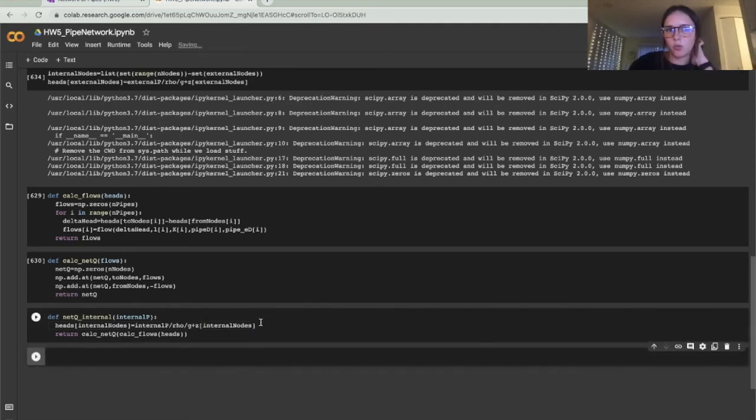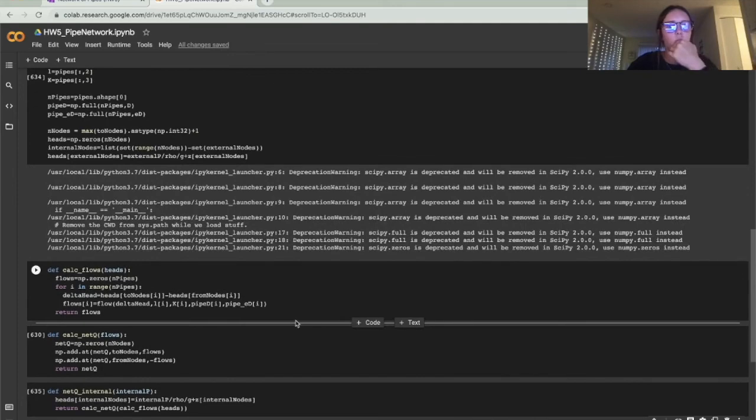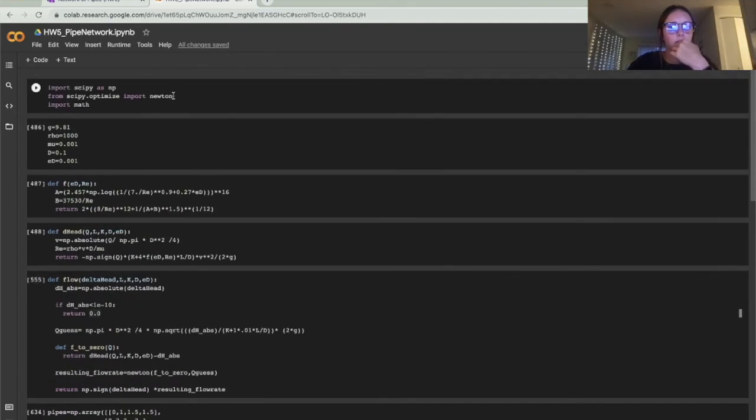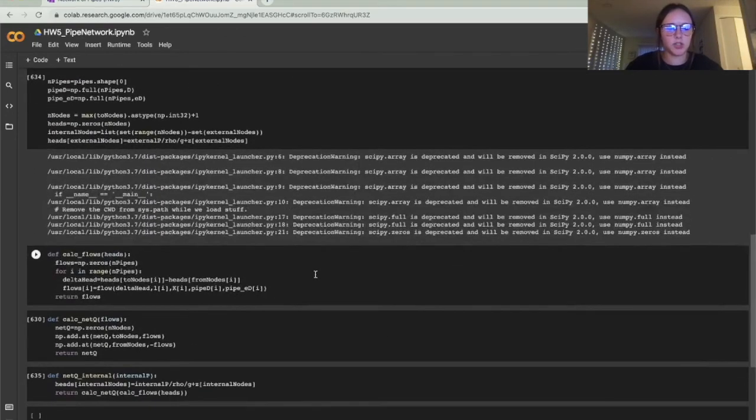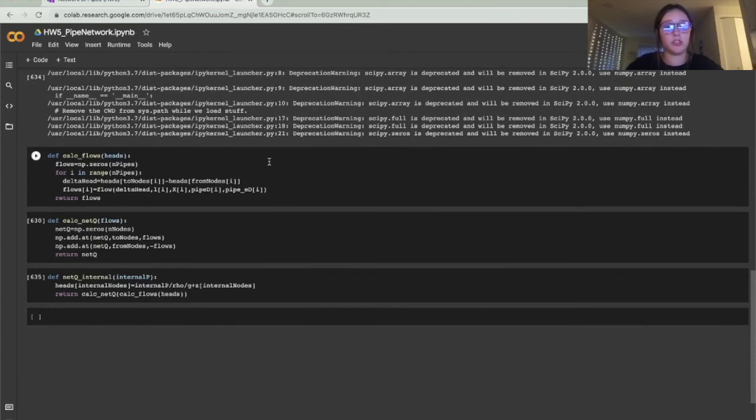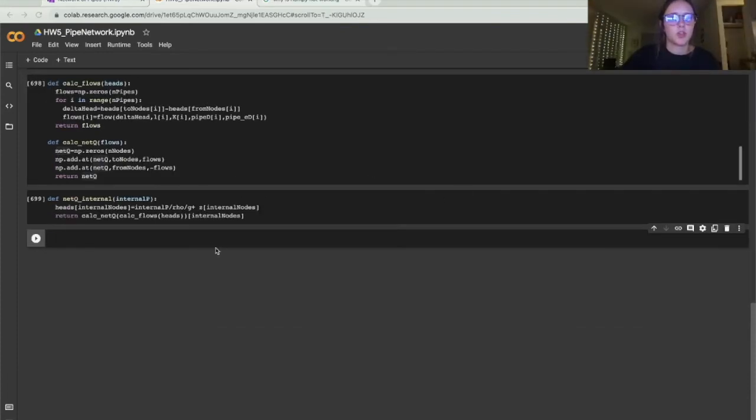And so once we have that, we can go on and use a root function, which I'm going to load up here, and so that is going to help us get some real numbers soon. So now we need to make a guess for the heads of the internal nodes. And so what we're going to do is make a guess.